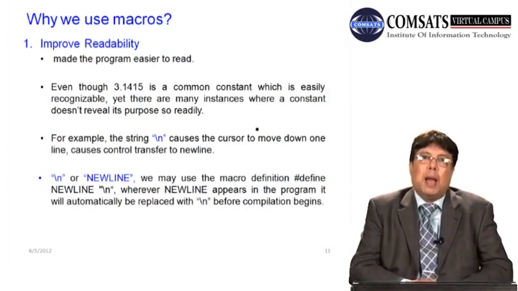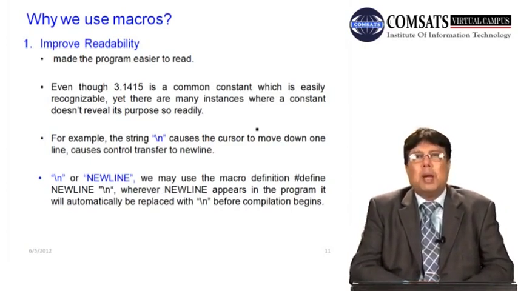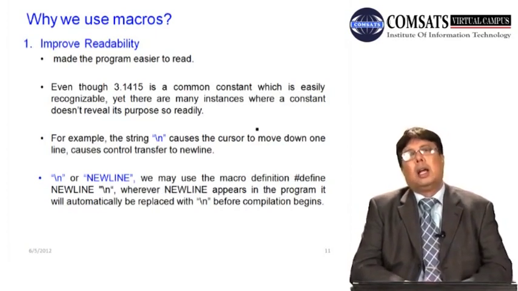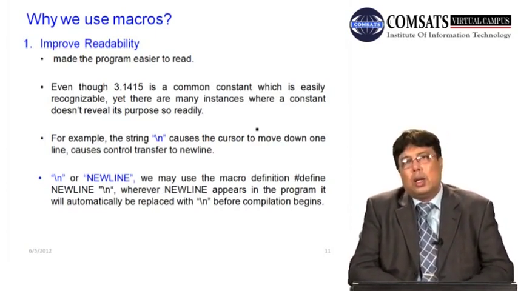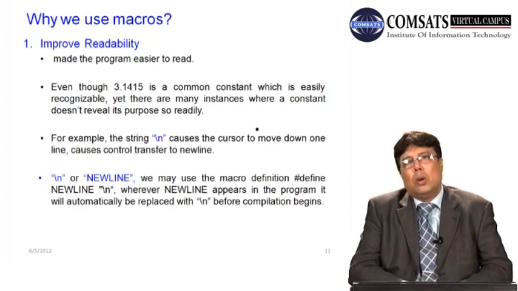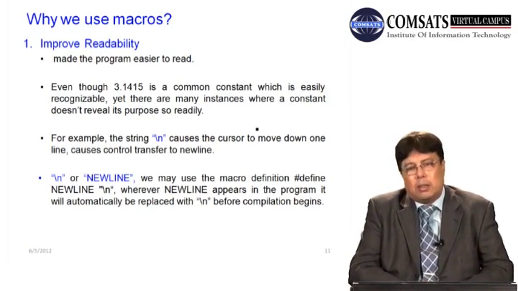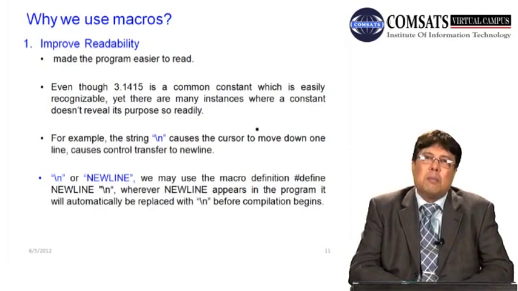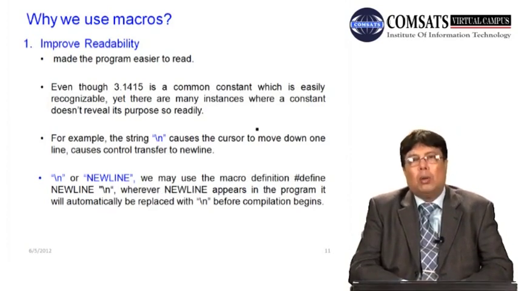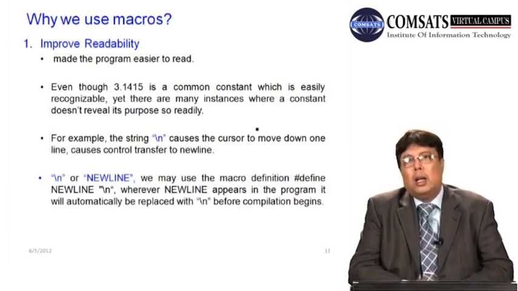Another example could be \n. We have used it many times. Now you must know that \n is used within the double quotes to provide you a new line, a blank line, or to take the cursor to the start of the next line. Instead of using this \n, if we define it with a macro, we can define \n equal to new line, or rather we will define new line and its translation will be \n.